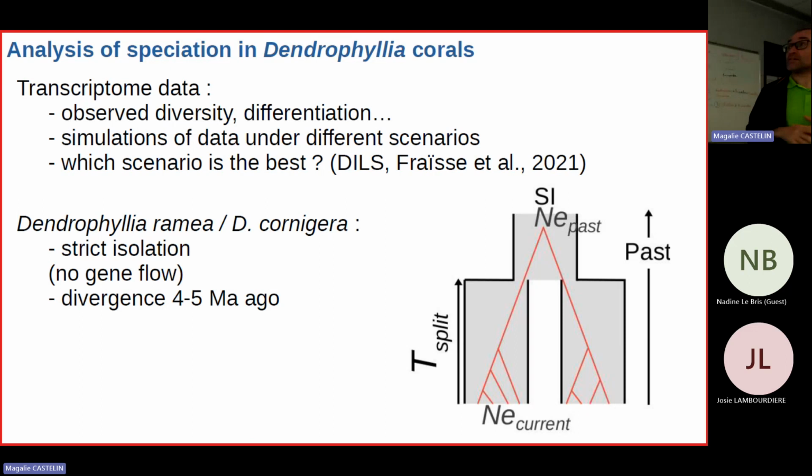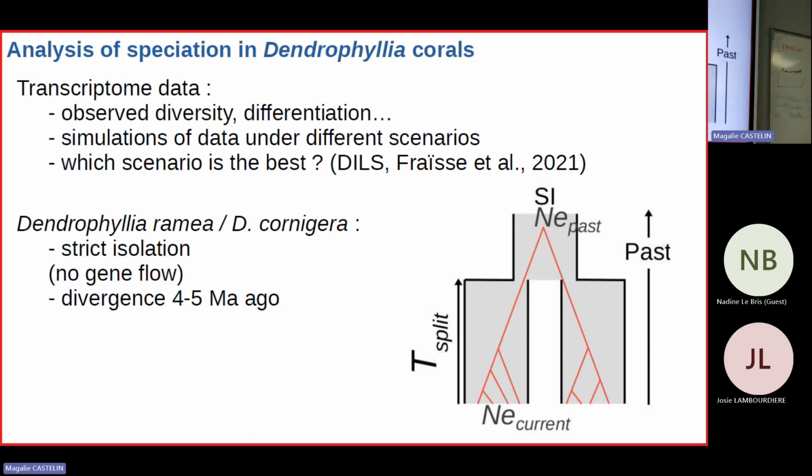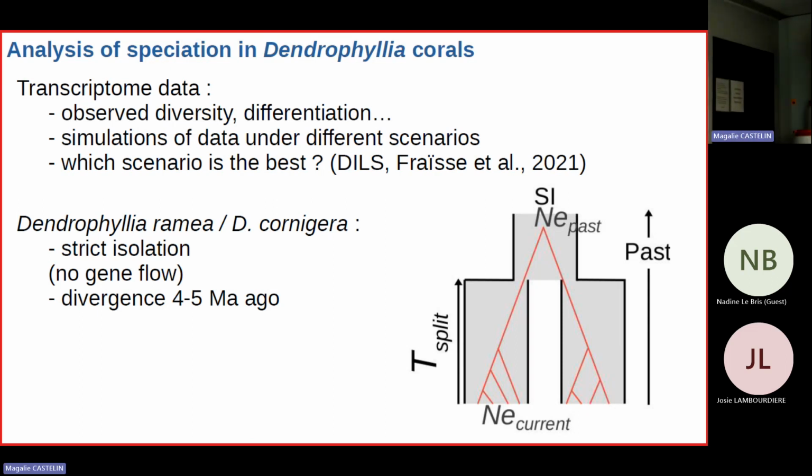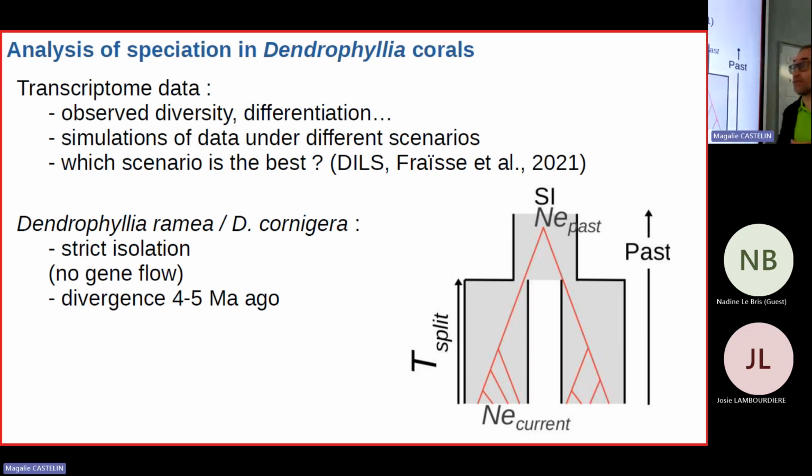Then, at the end, we try to see if one scenario is the best to give, for example, the same diversity or the same differences between samples as your observed data. And starting from that, you can see if one scenario is really better than the other ones.